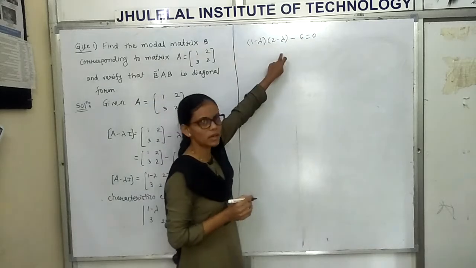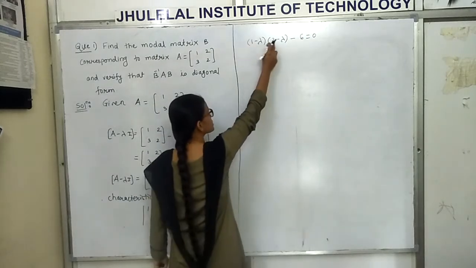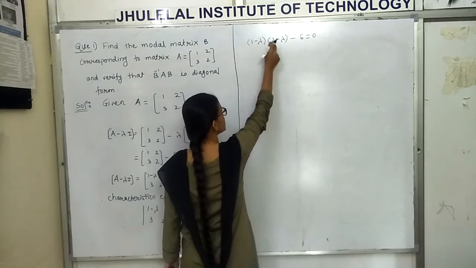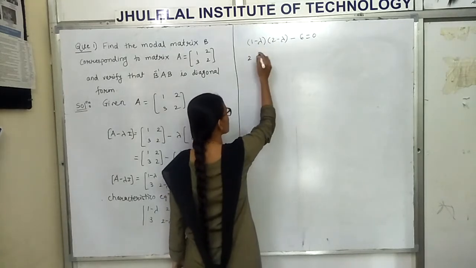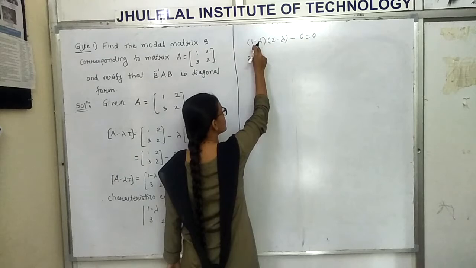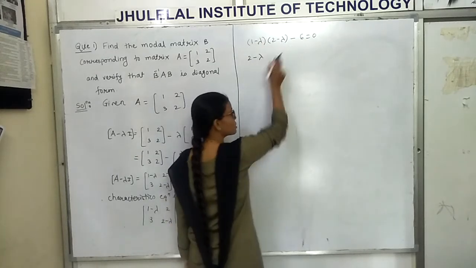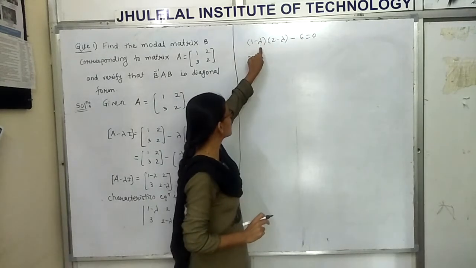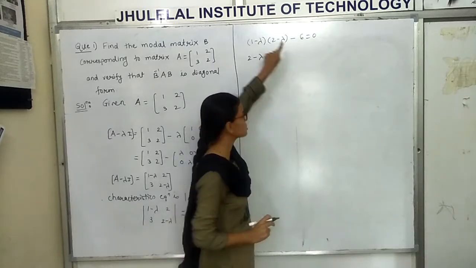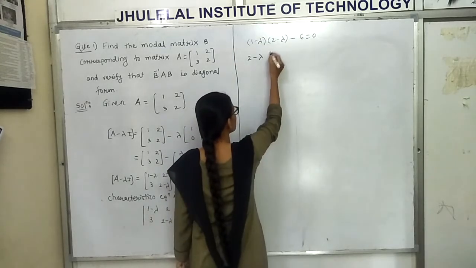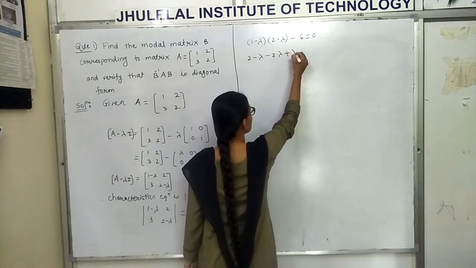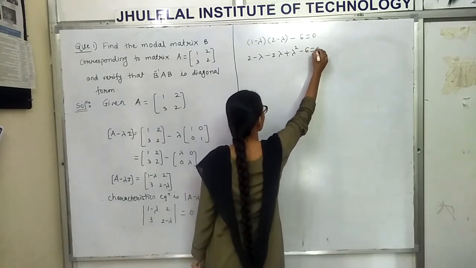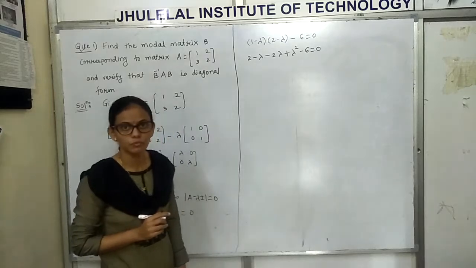Now multiply these two brackets. First I am multiplying the second bracket by 1. So 1 into 2 is 2, minus lambda. Now I multiply this by minus lambda. Minus lambda into 2 will be minus 2 lambda, and minus lambda into minus lambda will be lambda square, then minus 6 equal to 0.